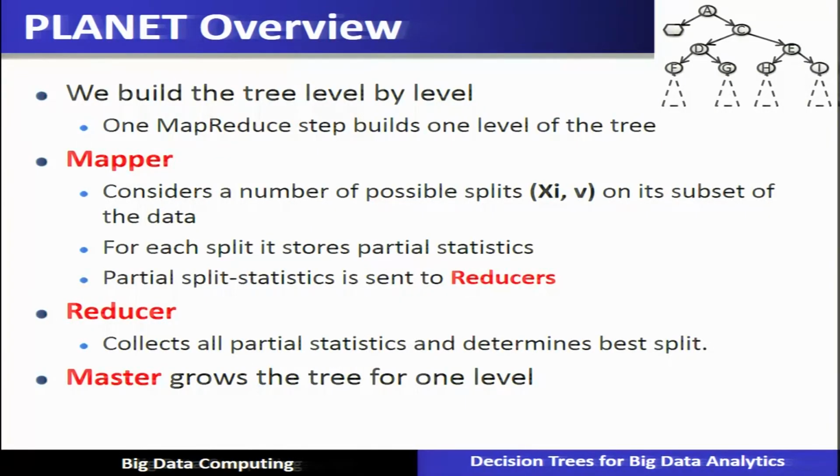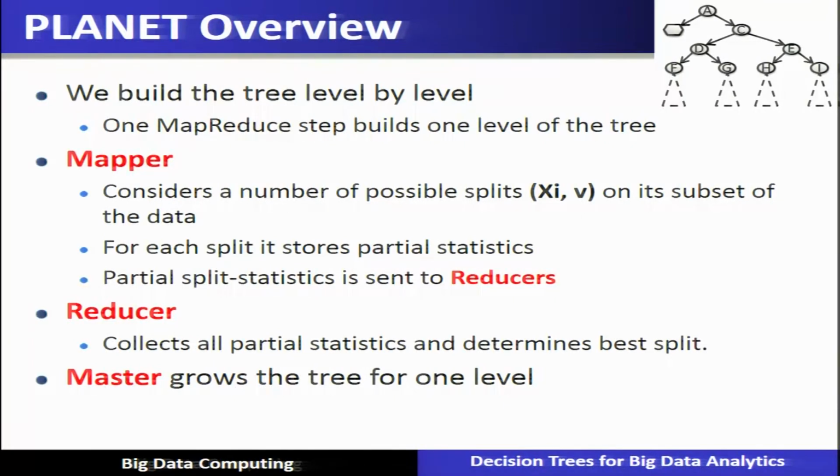So let us see the PLANET overview. In this method we build the tree level by level, and one MapReduce step will build one level of the tree. So if there are 10 levels, 10 different MapReduce jobs have to execute in sequence.